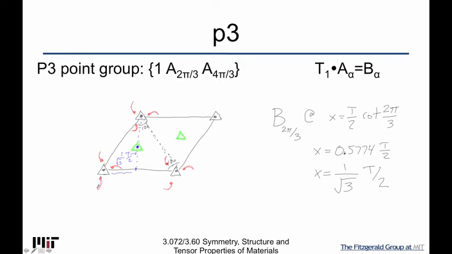Hopefully you can convince yourself by looking at these red ones that we have a threefold motif hanging on each one of these. And you can see now how, if I look at this one especially, this one rotates into this one, rotates into this one, rotates into this one.